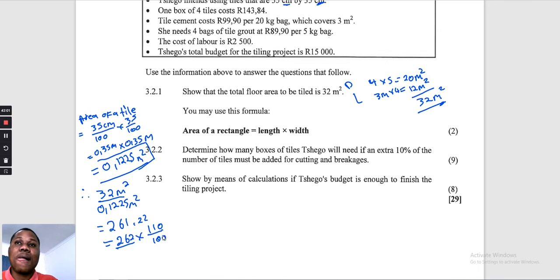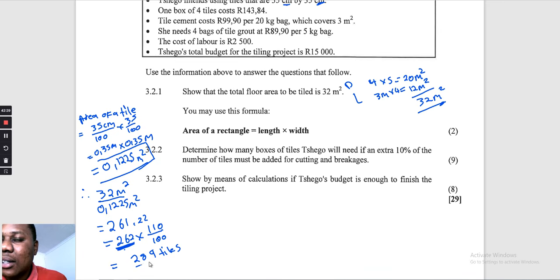Why do we divide by 100 here? It is because the given number of tiles is 100%, nothing was added to them. So if we add 10% there, we have 262 multiplied by 110 divided by 100. That gives us 289 tiles.